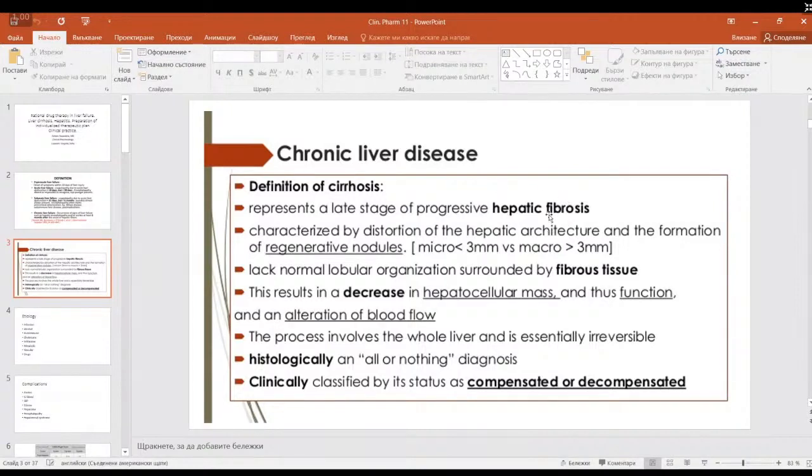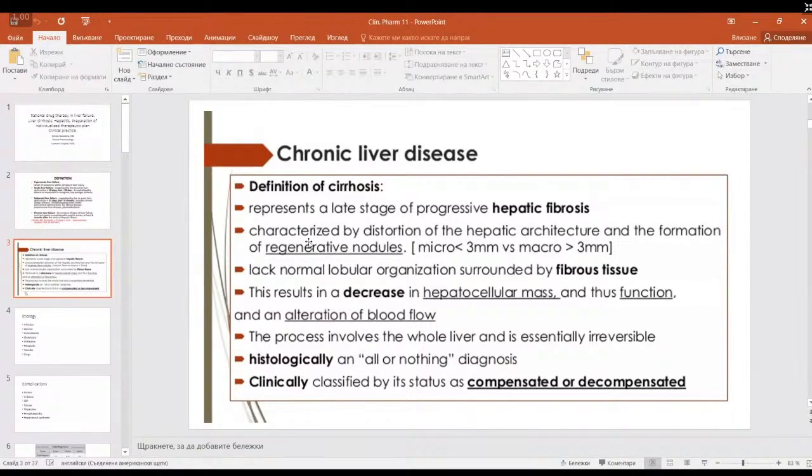So, in your classes in pathology, I am sure you saw some macroscopic liver cirrhosis preparations, and this liver looks usually smaller than the normal liver, and it has a very characteristic fibrotic appearance, with also deformation in the normal hepatic architecture with the formation of regenerative nodules.